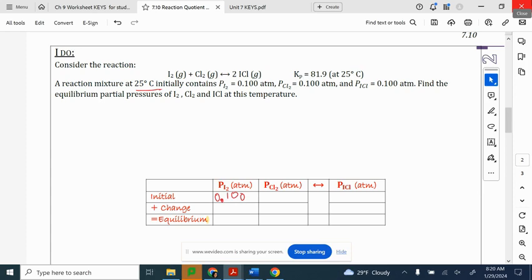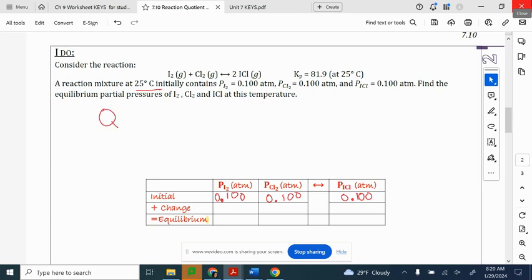And our initial pressure of Cl2 is the same. It looks like it's the same all the way over. Find the equilibrium partial pressures for this temperature. So we know our K, and we've got to figure out which way this is going to run.